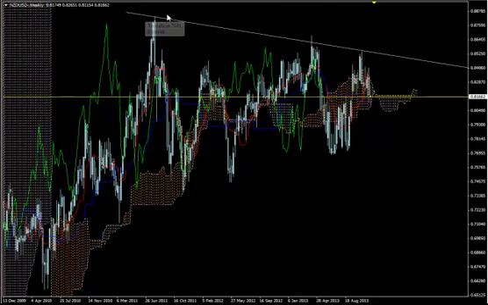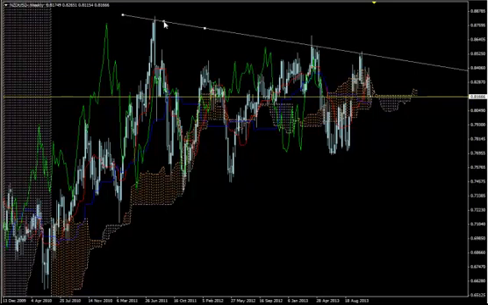Okay, it's not precision science here, so put them close to the closes or the opens of the candlesticks, and disregard the wicks if you want. That's an option. Put them high on the wicks if you want. That's an option too. So I draw the upper trend line of the triangle.